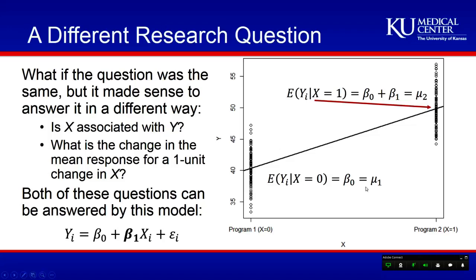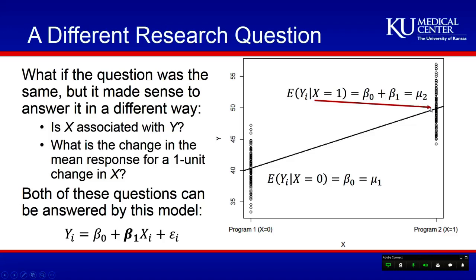So, for instance, the average employee satisfaction score under, let's say, the standard of care or the reference program is actually just the intercept term from a regression model, and the expected employee satisfaction score from the experimental training program, which we'll call program 2, is the sum of beta 0 and beta 1.